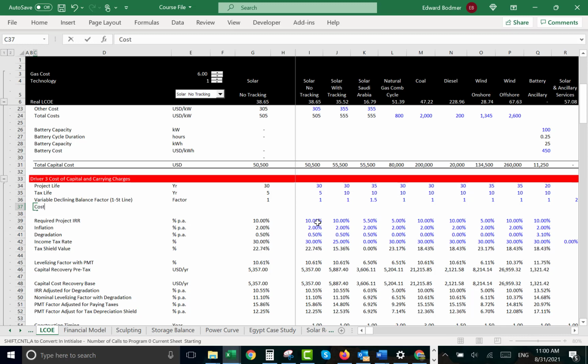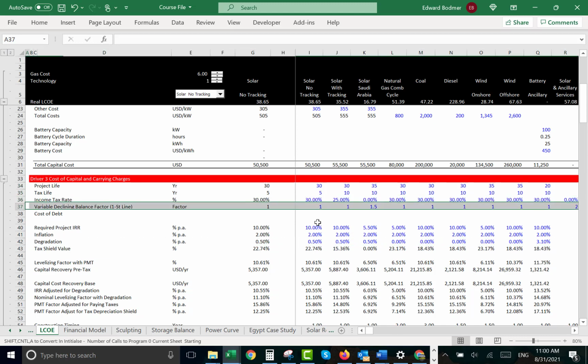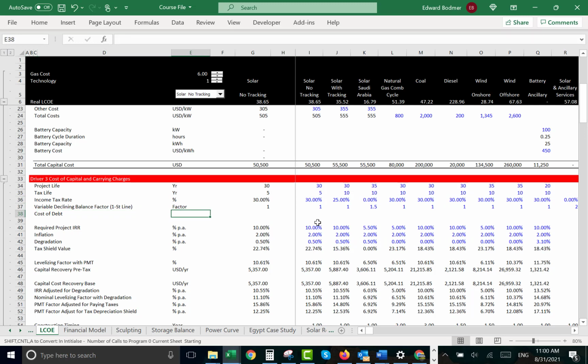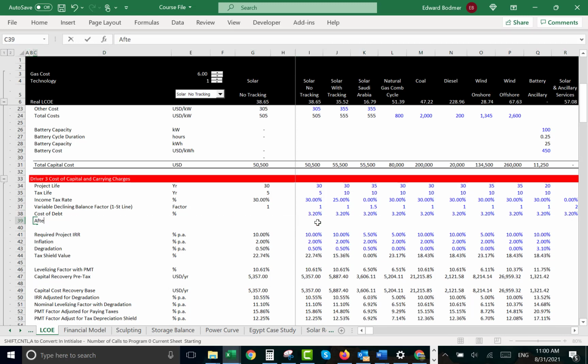So if you put the cost of debt, and this time I'm going to move our income tax rate right at the top, and then we can put a percent, and let's say our cost of debt right now is 3.2%, which is arguably high. And then you put the after-tax cost of debt, and by the way, you use the after-tax cost of debt in your model.